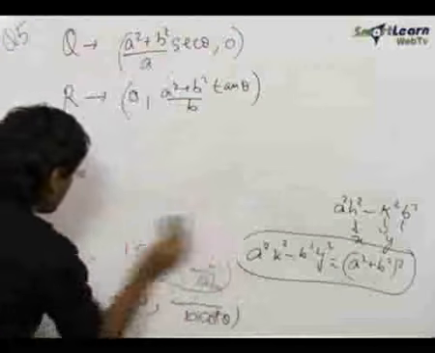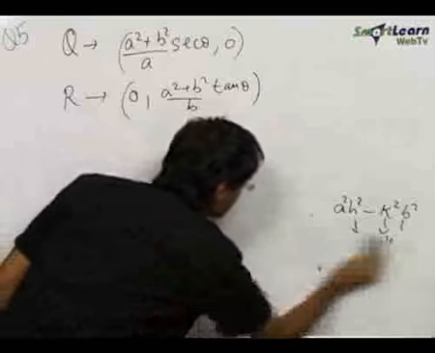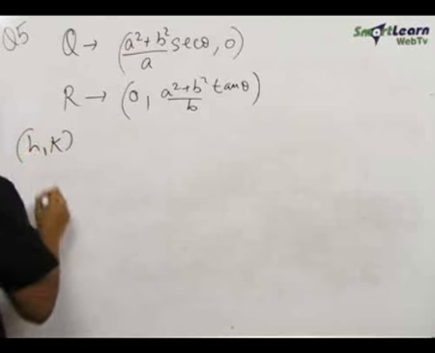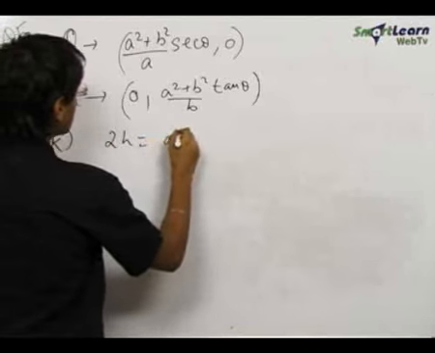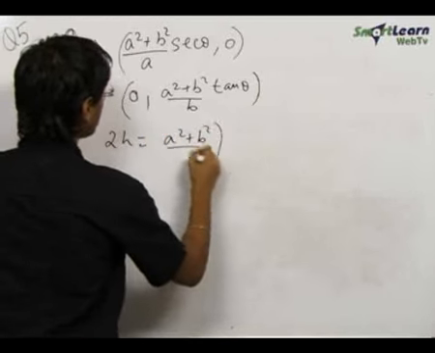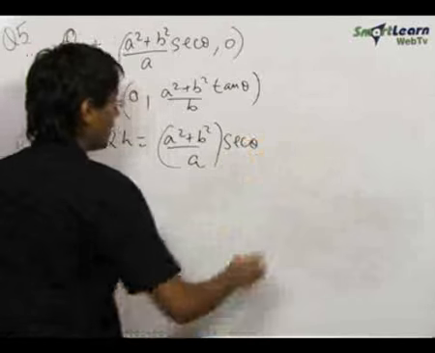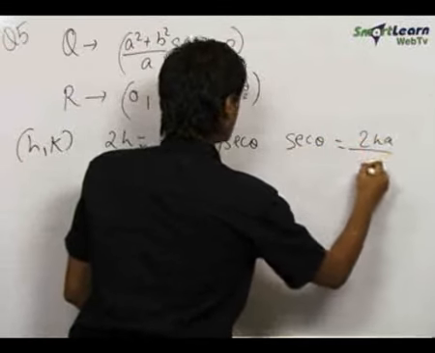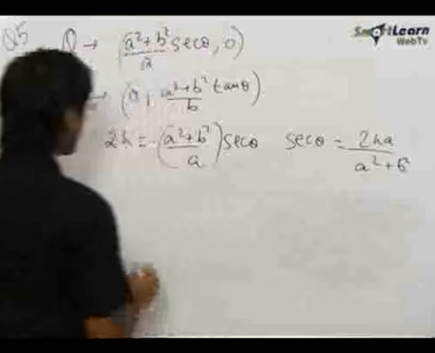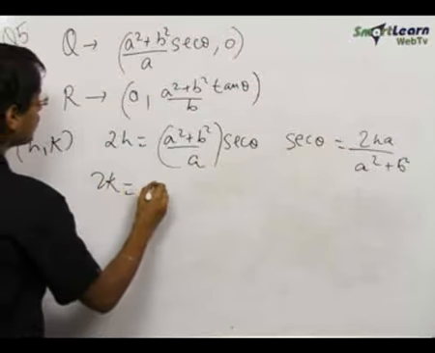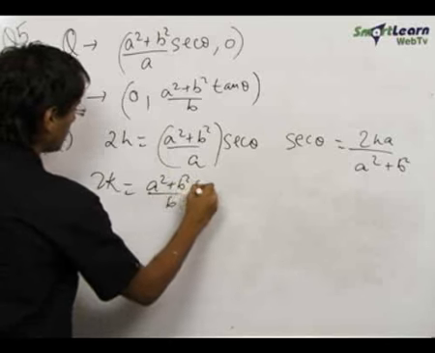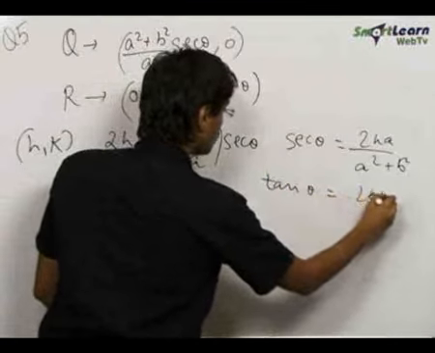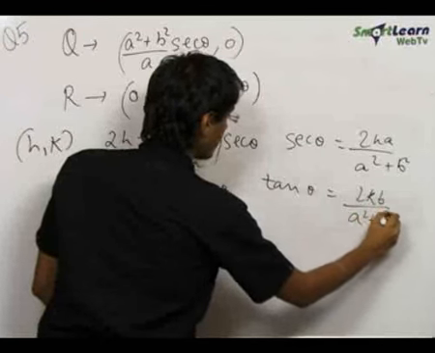So this locus can be very easily found in a similar fashion as we did for the locus of point L. If the locus of the midpoint is h comma k, we have 2h is equal to a square plus b square by a sec theta. Hence we obtain sec theta to be equal to 2ha upon a square plus b square, and 2k is equal to a square plus b square by b tan theta. So tan theta comes out to be equal to 2kb upon a square plus b square.